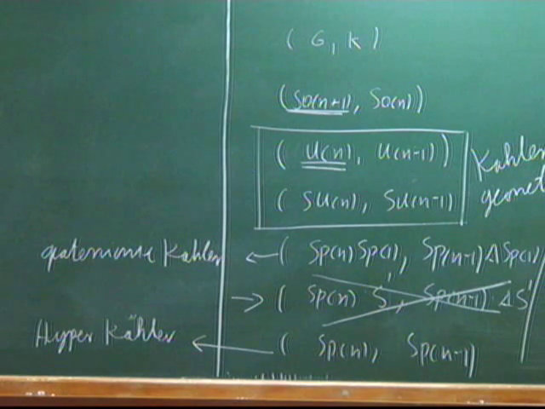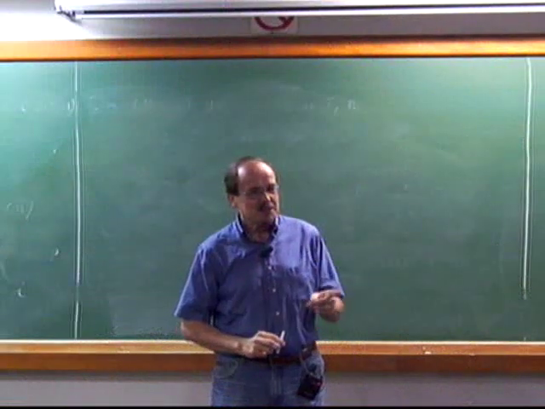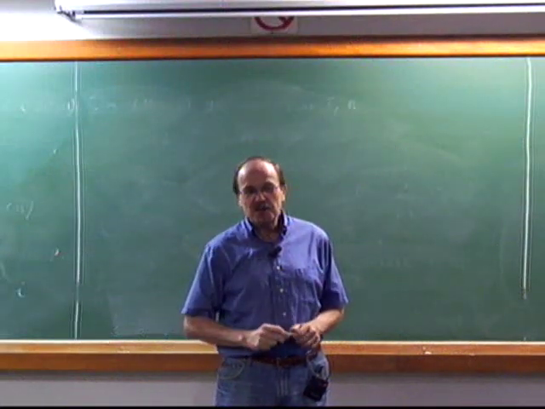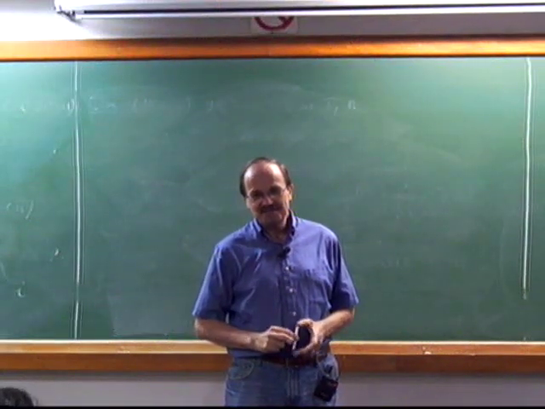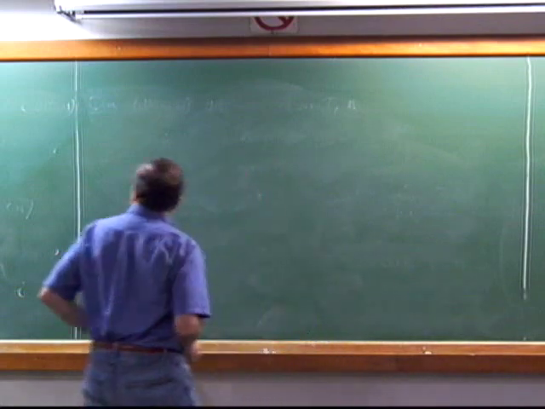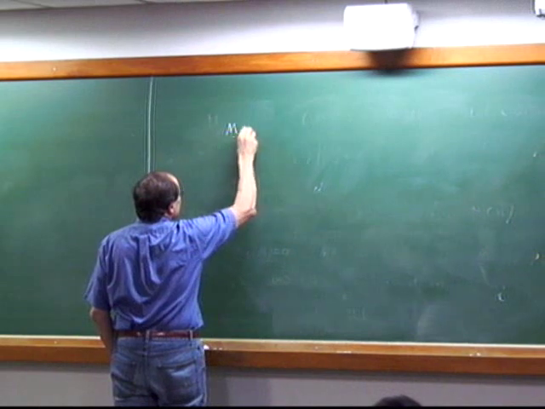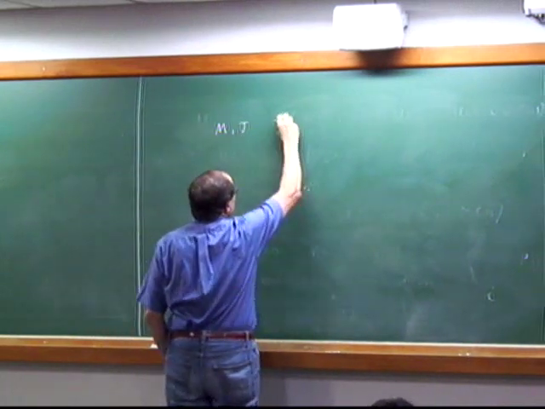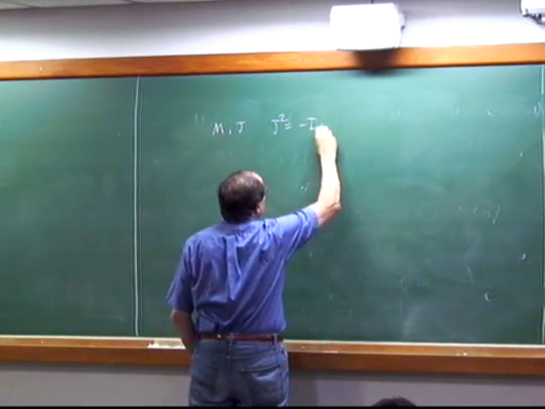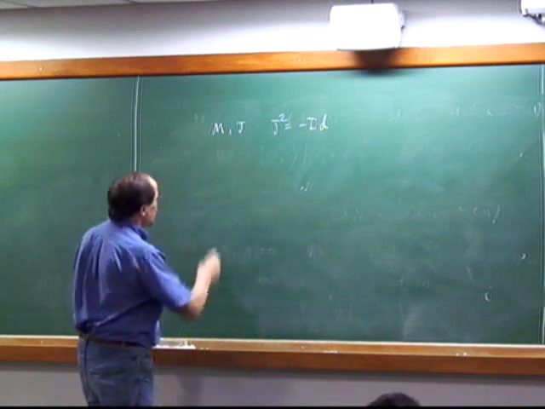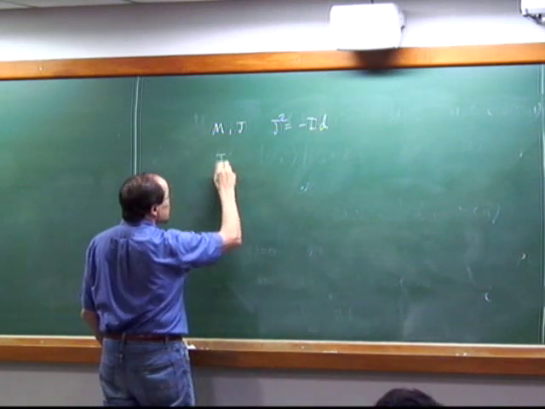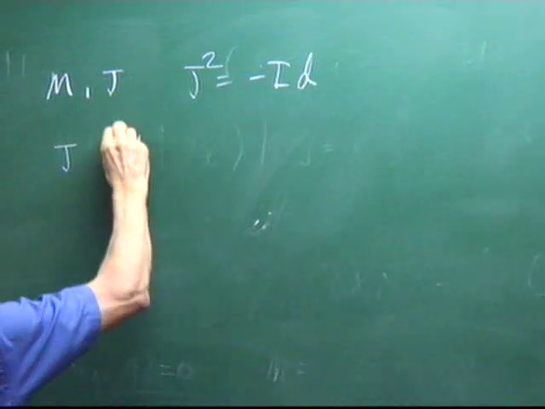Who knows what a Kähler metric is? Do you? Anyone? Let me start in the very beginning. So I have a manifold, I have a complex structure J. I think I mentioned this before. There's a condition for J to be integrable.